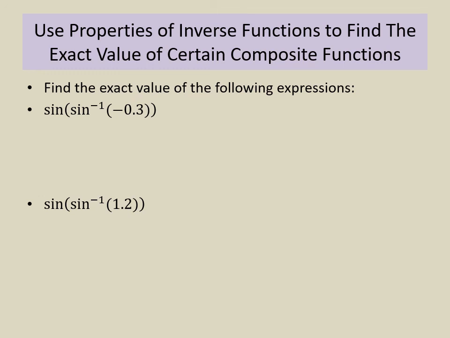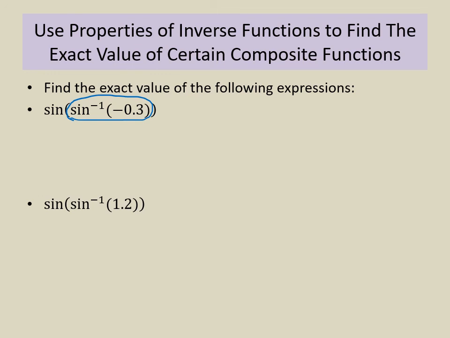So the first composite function is what is the sine of the inverse sine of negative 0.3. So let's get out our calculators, pause the video if you don't have them, and let's evaluate the inside function. So we're going to use the inverse sine, which is second and sine.